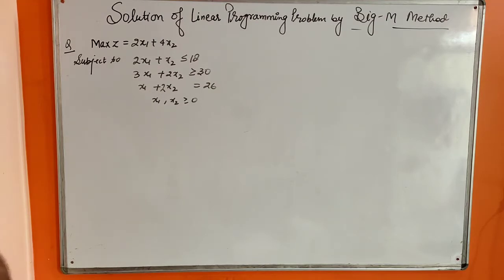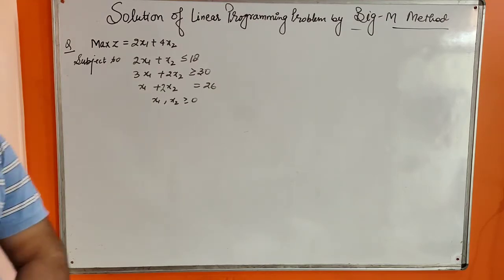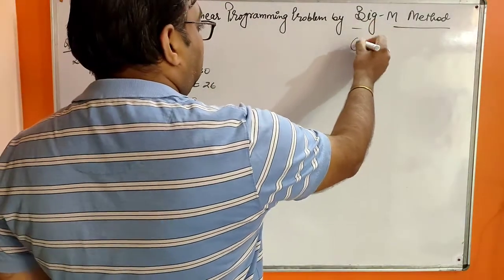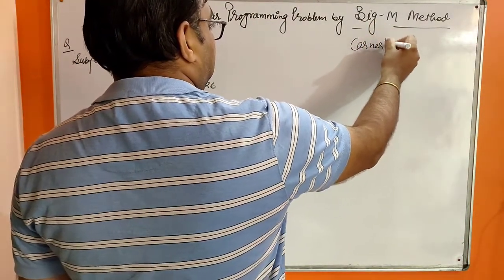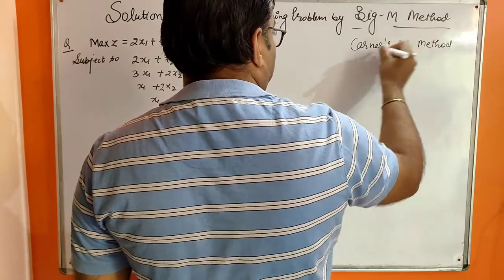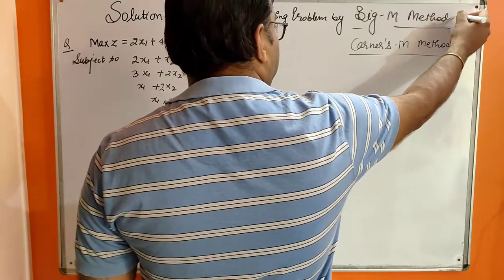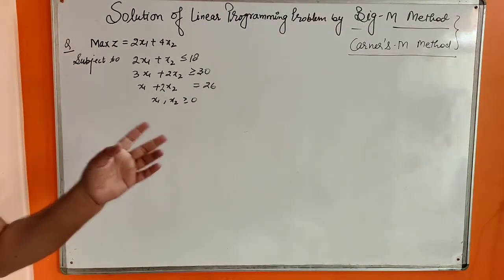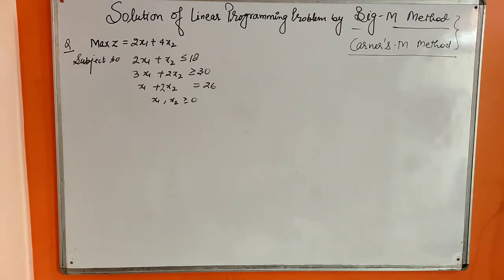In today's lecture, we will discuss the Big M method, or another name of this method is Charnes' M method. This method is basically used only when there is an artificial variable.